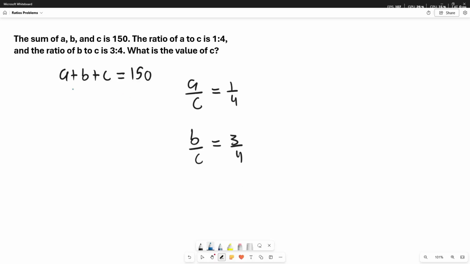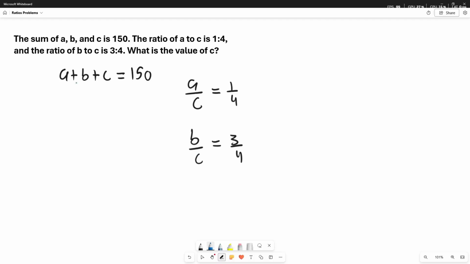So right off the bat, you might not necessarily know at first glance what A, B, or C are. So there's not enough information to solve this problem as is, but with the additional ratio information, we're able to piece together relationships between the variables by isolating the variable A. So why A?